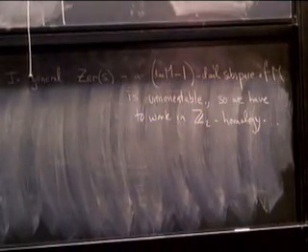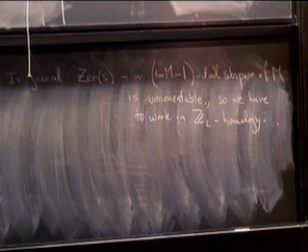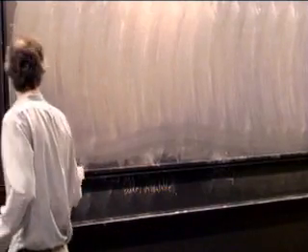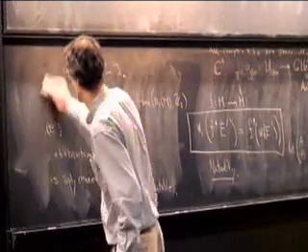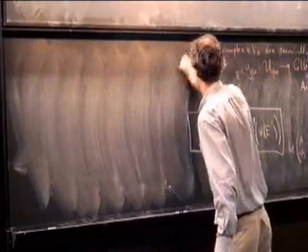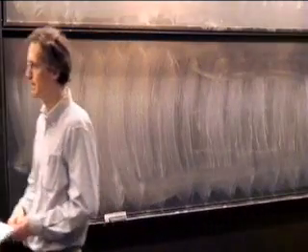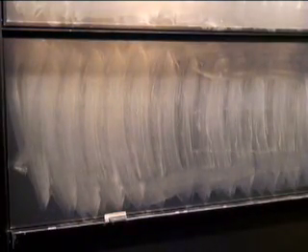Now, let's do the same thing with a complex line bundle. So supposing now we have L over M, a complex line bundle.